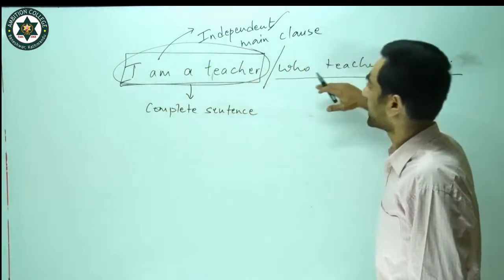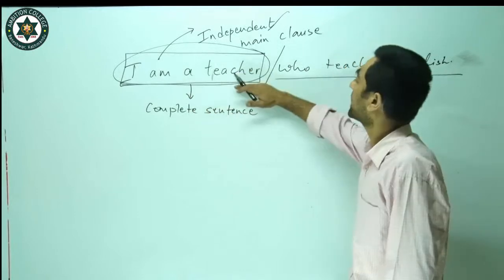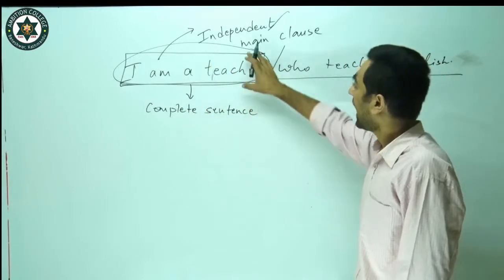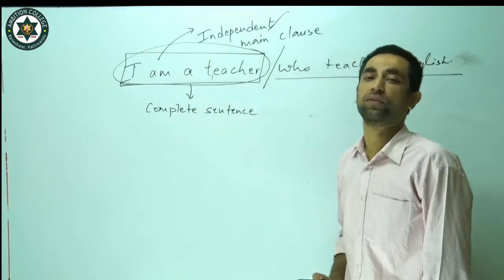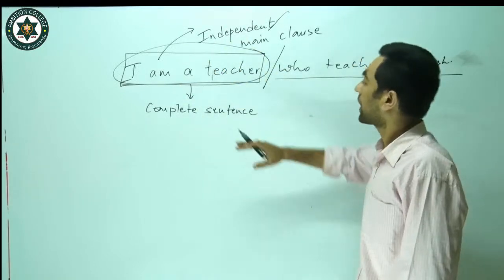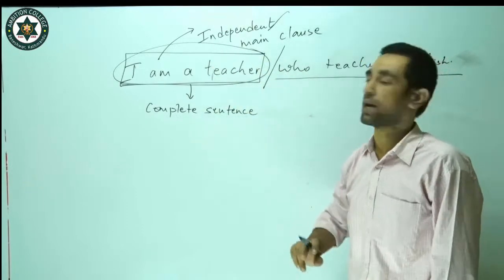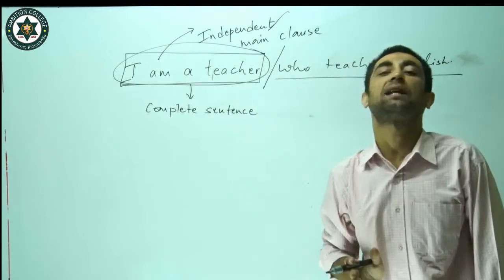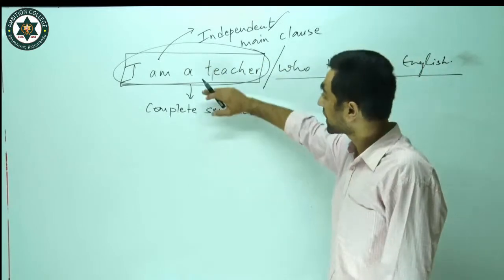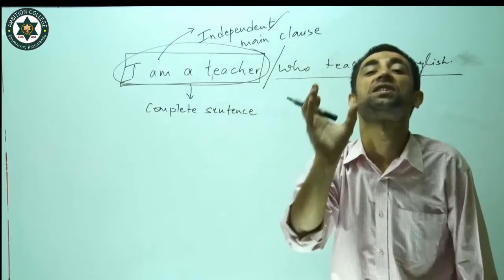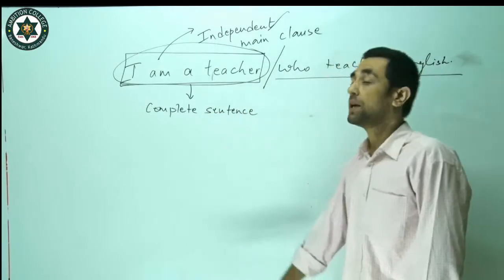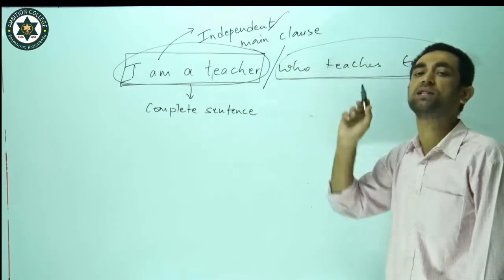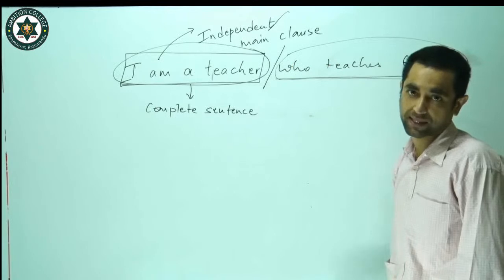Here in this sentence, what we see is that it can be divided into two different parts. The first part of the sentence is a complete sentence in itself. It can function as a complete sentence without this part. This gives us the complete sense. But the second part, "who teaches English", cannot stand alone in isolation.